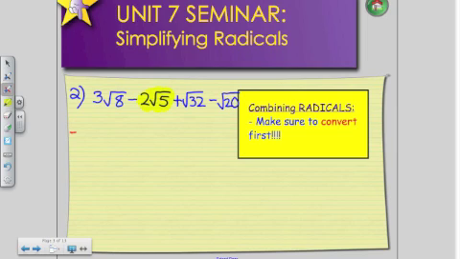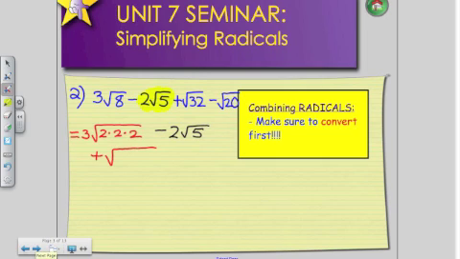So first of all, root 8 can be expressed as 2 times 2 times 2. I'm going to leave the negative 2 root 5 alone because 5 is a prime number and I can't break that down further.